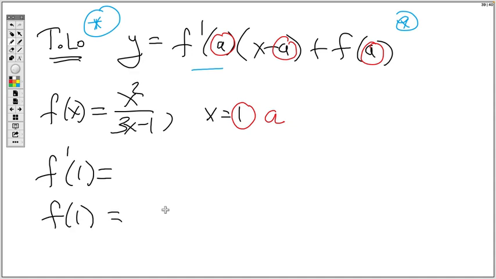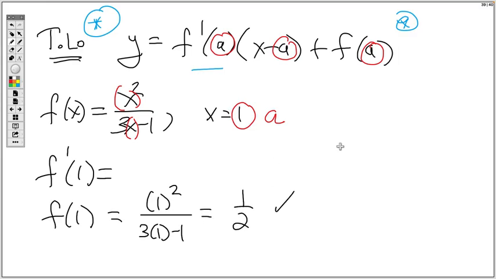Now f of 1 I can get right away. f of 1 means to do what? Everywhere I see an x, I'm going to replace that x with a what? 1. All right, so what do I get out of that? 1/2. Okay, so that's all dialed in.